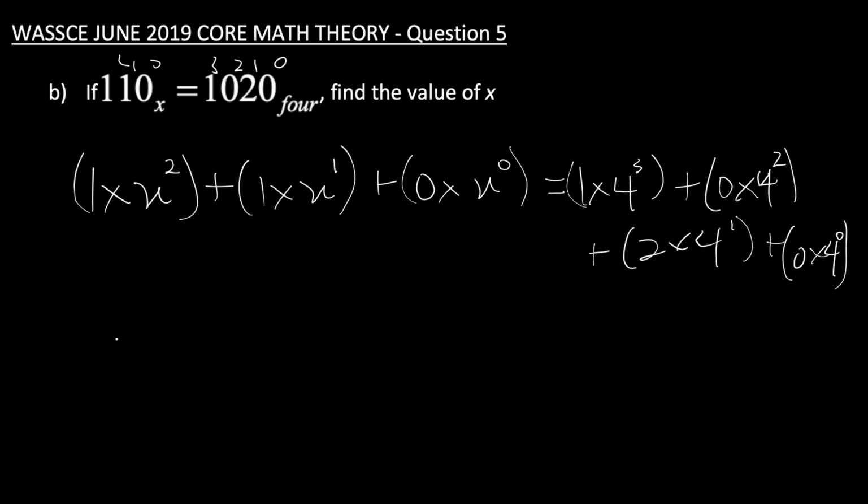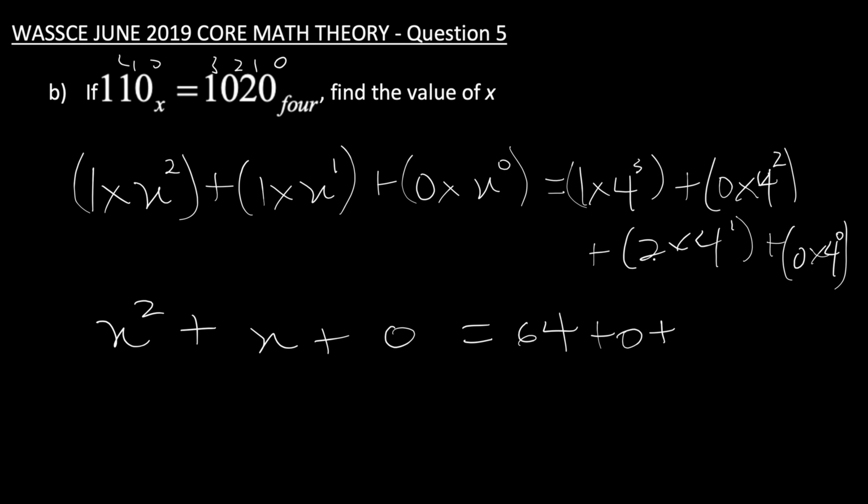Now this will give us x squared plus x plus, so any number raised to the power 0 is 1. So 0 times 1 is 0. It's equal to 4 raised to the power 3 is 64, plus 4 raised to the power 2 is 16, and 16 times 0 is 0.